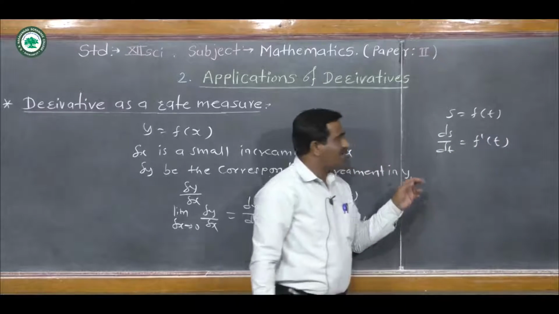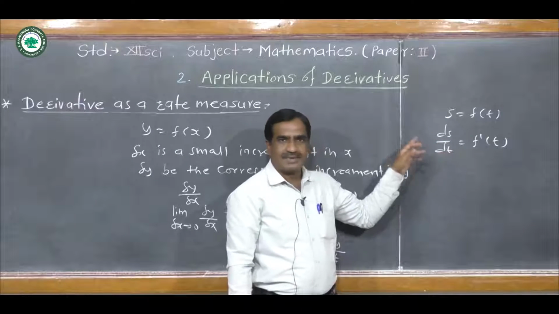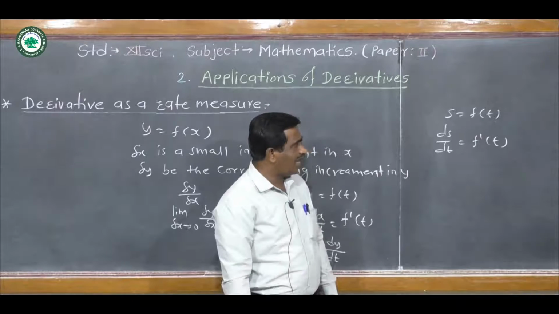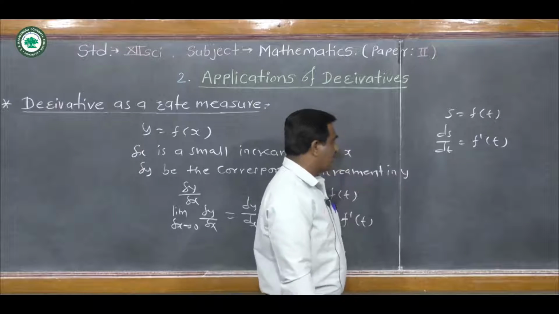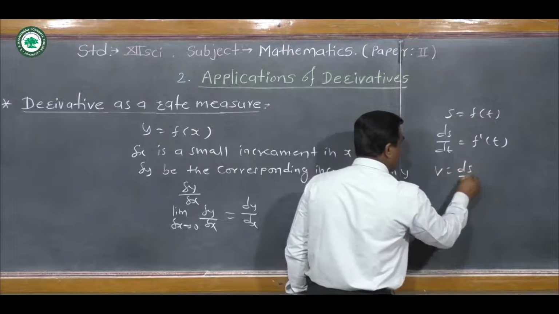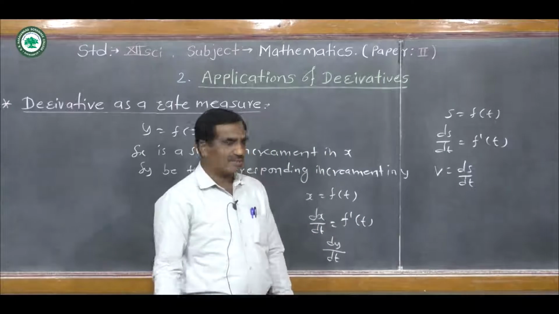Now this ds by dt means rate of change of displacement at time t, and this is nothing but velocity. V is equal to ds by dt. Rate of change of displacement means velocity.